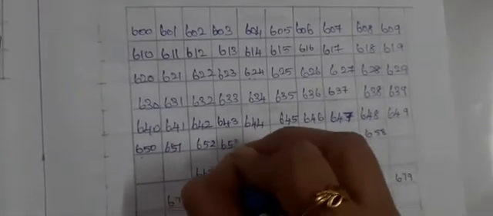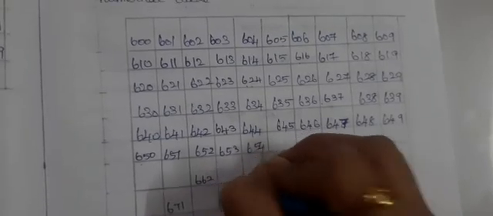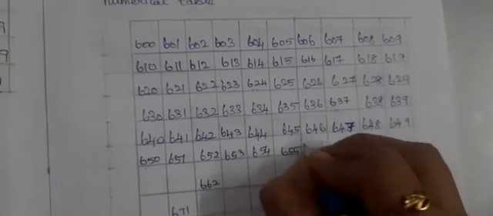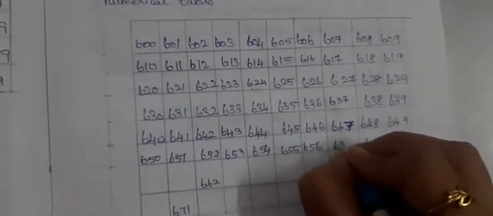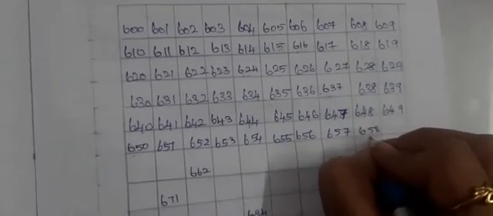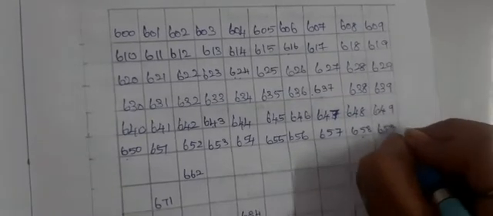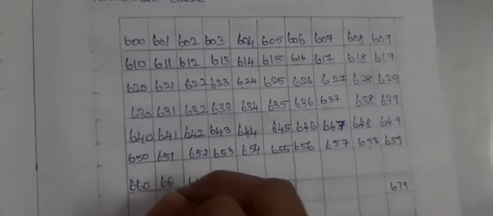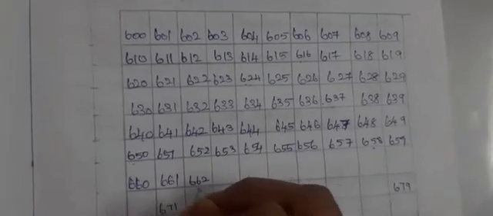651, 652, 653, 654, 655, 656, 657. They have given 658. So what is the next number? 659, 660, 661, 662. They have given.